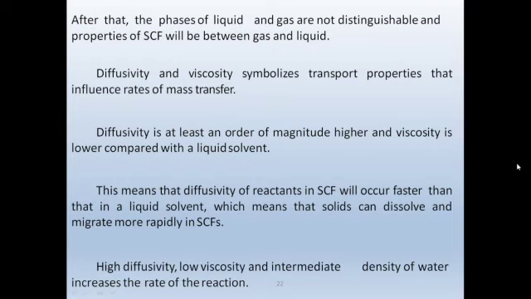This means that diffusivity of reactants in a supercritical fluid will occur faster than in a liquid solvent, which means that solids can dissolve and migrate more rapidly in supercritical fluids. High diffusivity, low viscosity, and intermediate density of water increase the rate of the reaction, which is important.